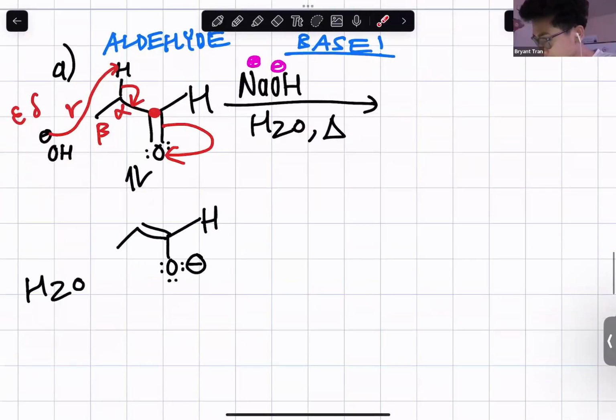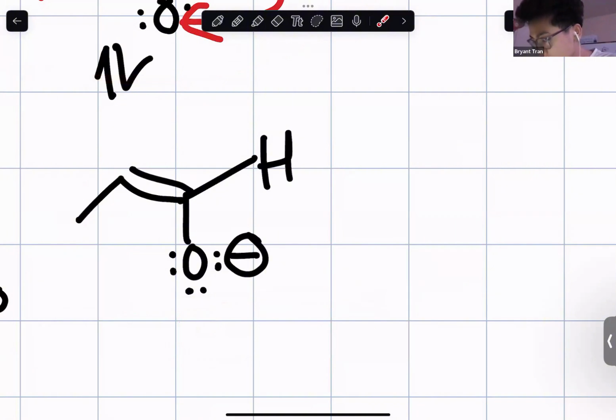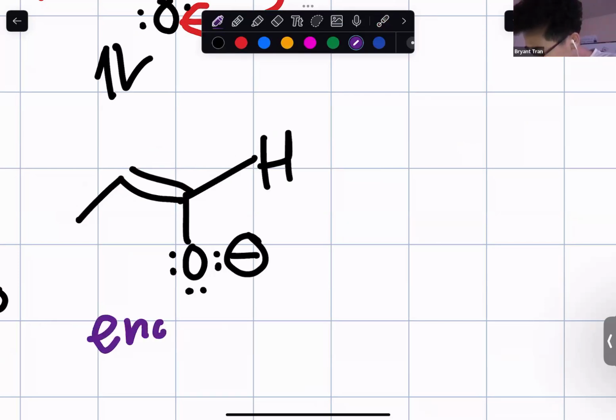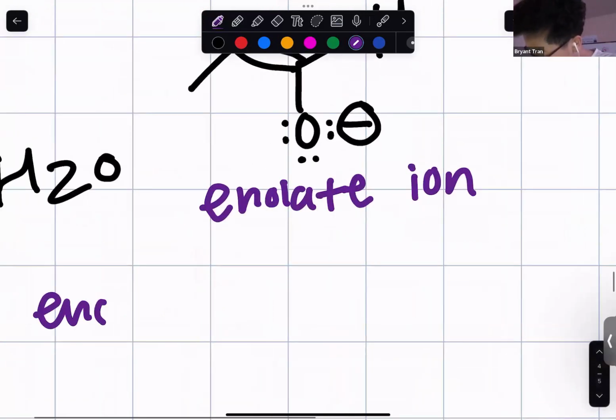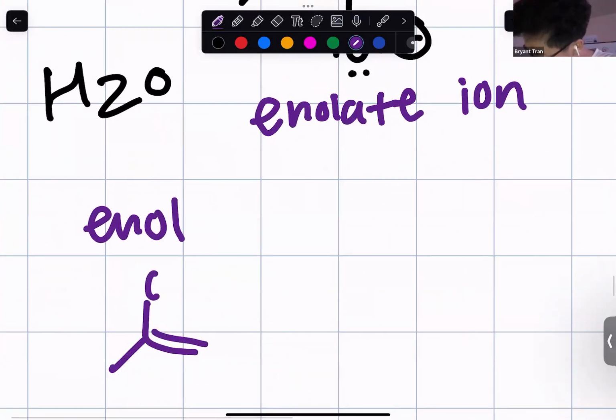Now, in this next step, we formed a negative charge. It looks like the oxygen is the nucleophile, but this is the confusing part. That O minus there, because it is next to this alkene right here, is what we call an enolate ion. An enol is when we have an alkene next to a neutral alcohol.